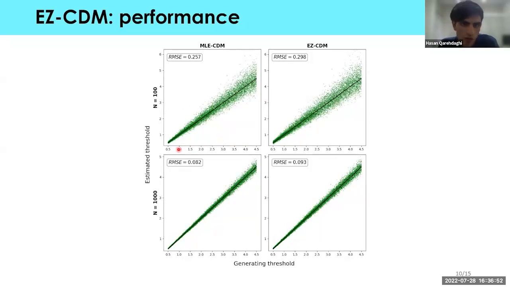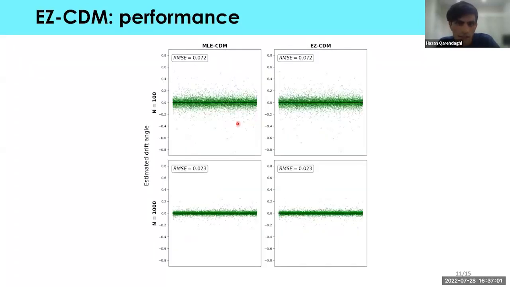Also, this is a plot for the threshold, where the performance is also comparable. And this is the performance for drift angle. Actually, for drift angle, we do not need to vary the data generating parameter value, as looking at the formulas, we can see that maximum likelihood and EZ-CDM are not sensitive to this data generating value.